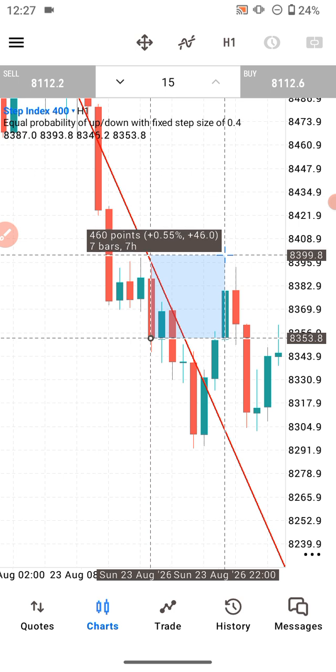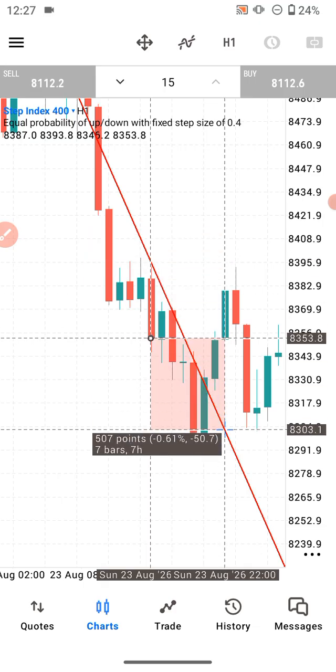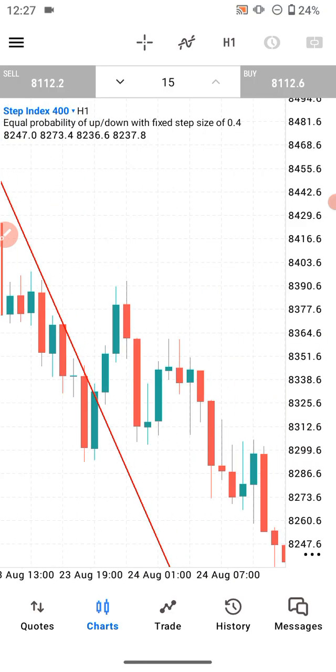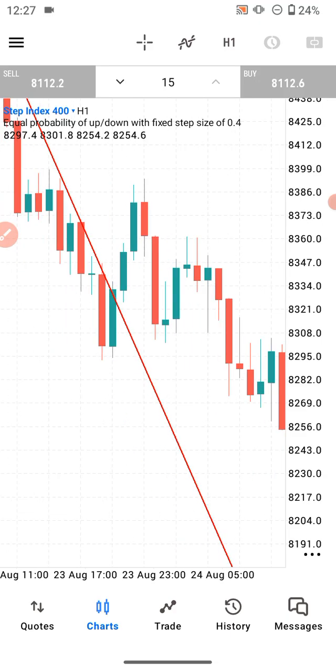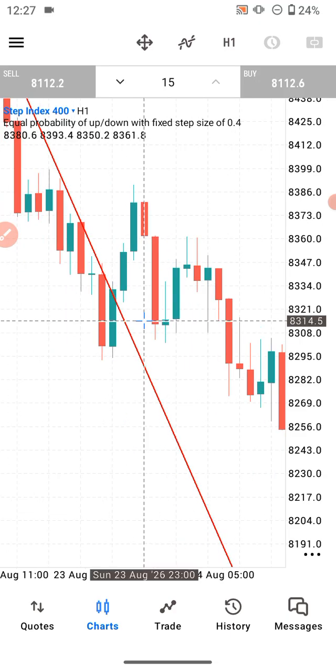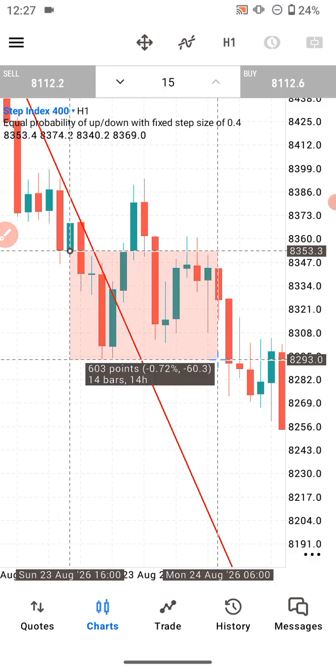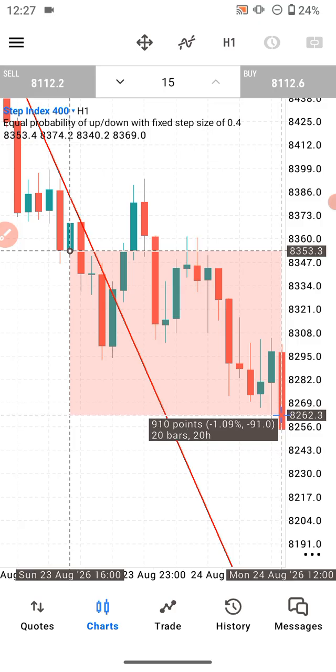My take profit will be 900 points. Let's just use 900 points as an approximate. Let me zoom out so you see properly. After I have done that, my take profit is going to be around here. So 900, that is 1:2.